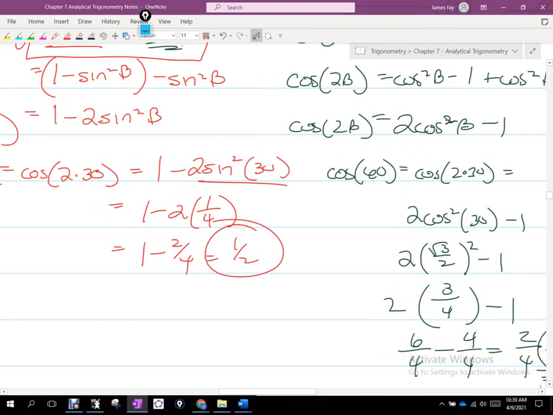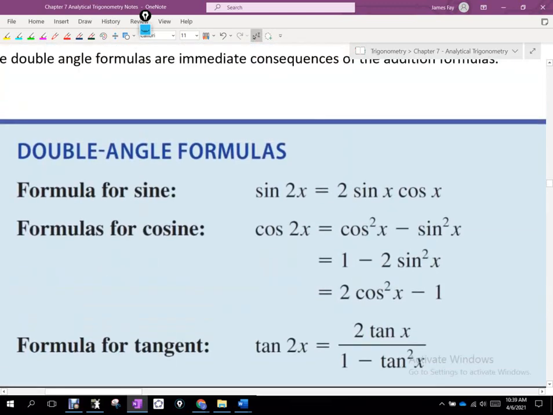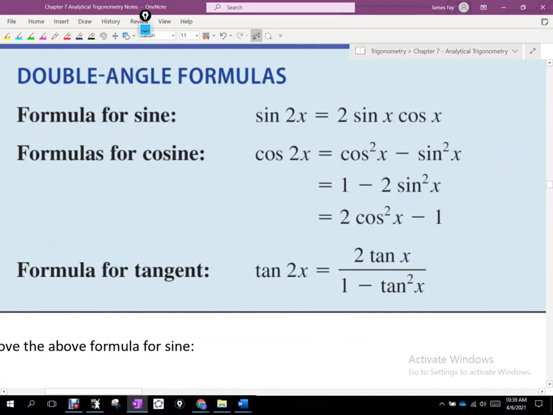So those are the 3 formulas that we have at our disposal for cosine of a double angle. You can use any one that you want.